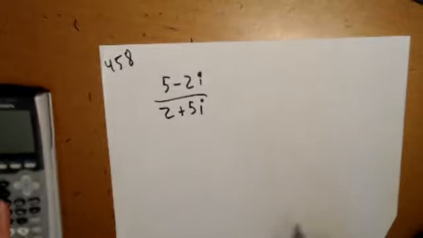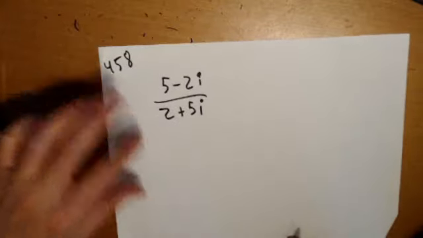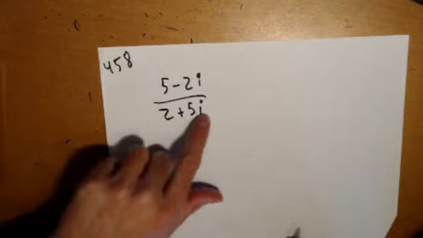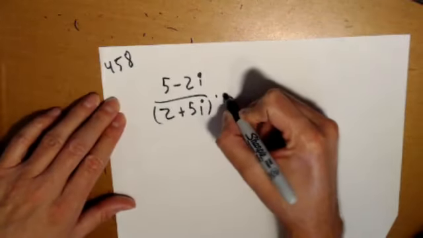And they say you're not allowed to have negatives downstairs or radicals or the letter i. How do we get rid of the letter i? We multiply by the conjugate. Okay, so I need to multiply by the conjugate.